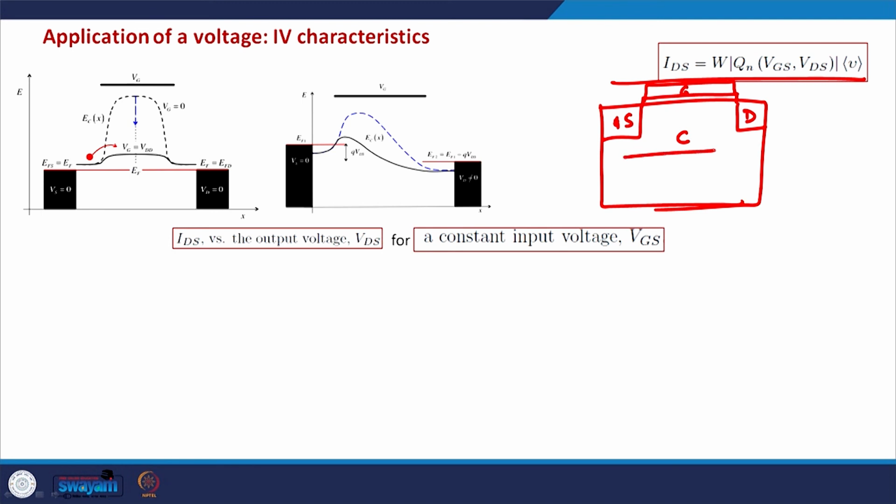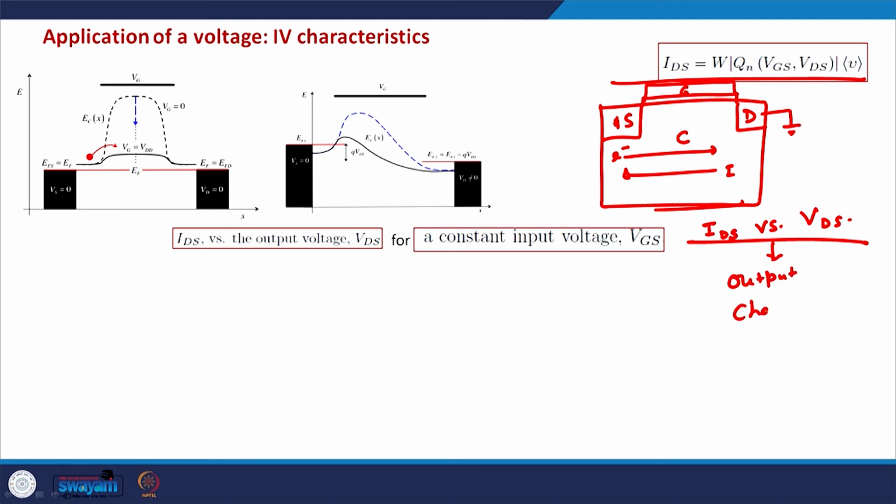Electrons are flowing from source to drain side, so the current will be flowing from drain to source on application of drain voltage and gate voltage. So the relationship between IDS and VDS is known as the output characteristics of the MOSFET, at a constant VGS.